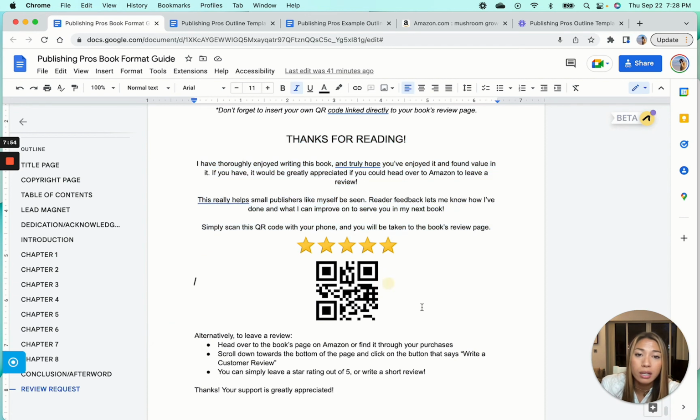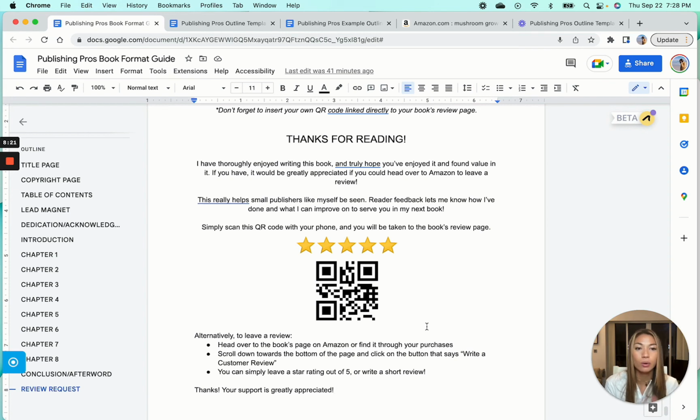And something we always like to do, we've been doing this lately in all of our books, is including a QR code. This is really important because it makes it that much easier for the reader to actually do it. Sometimes if you are reading a paperback book and you see a link in it, I know for me personally, if I see a link written out, I can't be asked to get on my phone or my laptop and type it in.